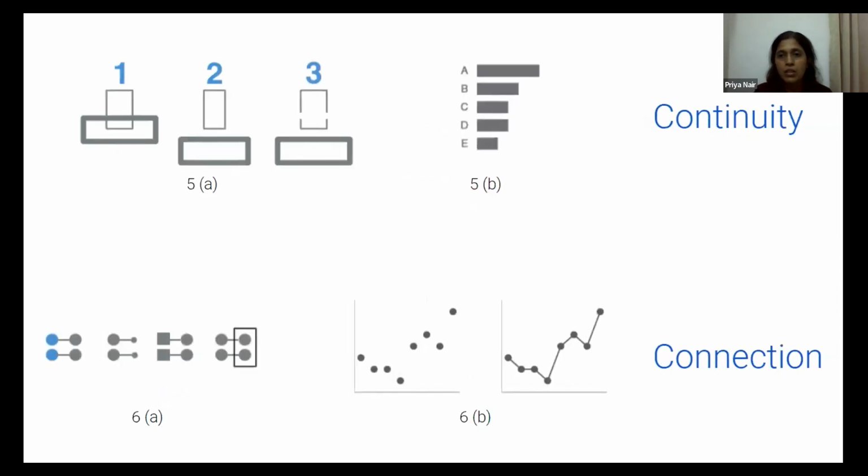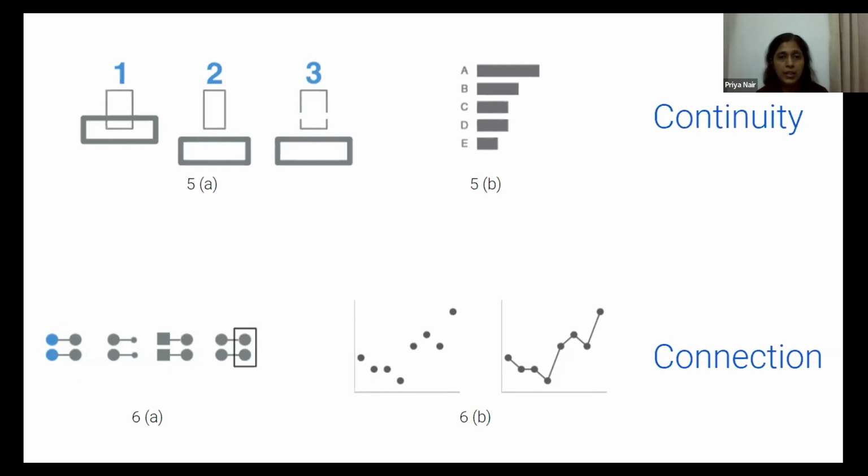The next one is continuity. Continuity in 5A, see the first one. You have two rectangles, and when you pull them apart, you perceive them as you see them in the second diagram. But it could as well be what is shown in 3, that is, there is a gap in between. It could be like that. But as we perceive things as a whole, we would think about it as it is shown in diagram 2.